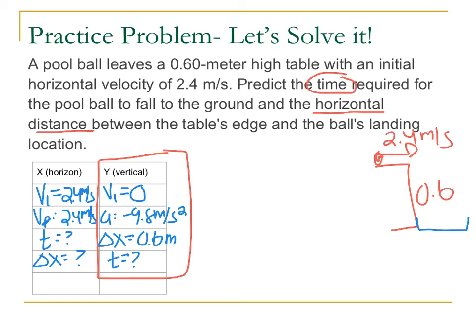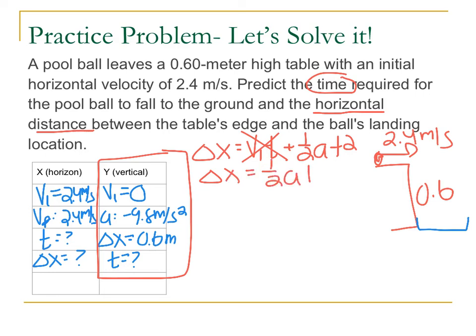So I am missing a few different things. I do not have VF, so I need to use this equation to solve for time. So remember, we're still solving these at this point the same exact way we did before. So I can get rid of VIT because it's 0. So now I have delta y equals 1/2 AT squared.